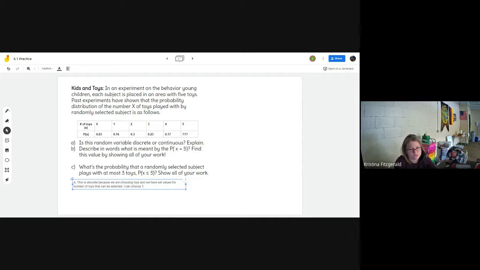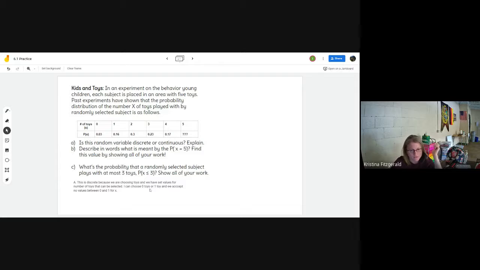I can choose 0 toys or 1 toy, and we accept no values between 0 and 1 for X. So I can't have 1.2 toys.